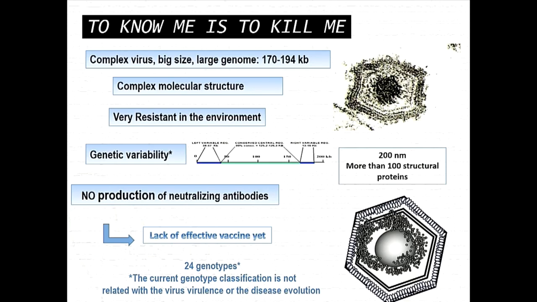We don't know if it's because no protein codes for that, or because other proteins are blocking the action and don't let the immune system see the potential neutralizing antibody proteins. That is the reason why we have so much trouble obtaining a good and safe vaccine. But I also have good news: in the last year we have increased the research quite a lot, and today there are several prototypes, some of them promising.